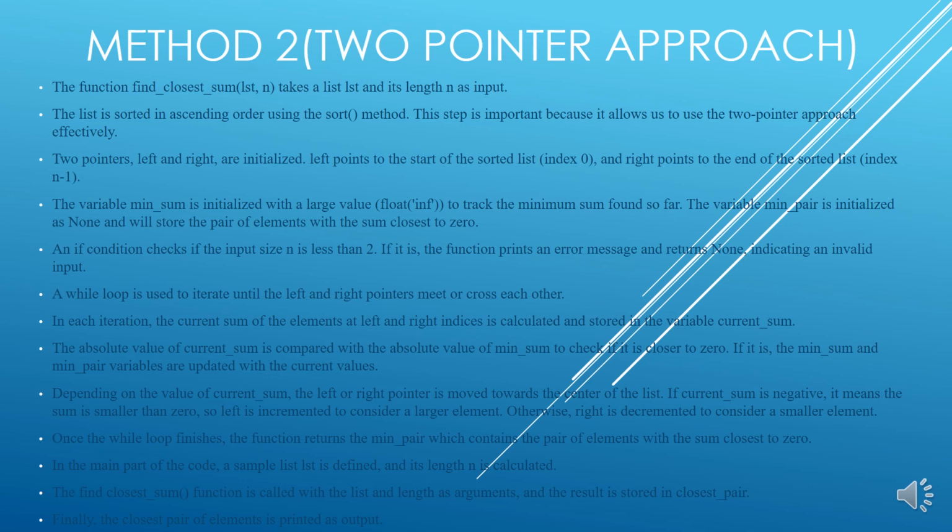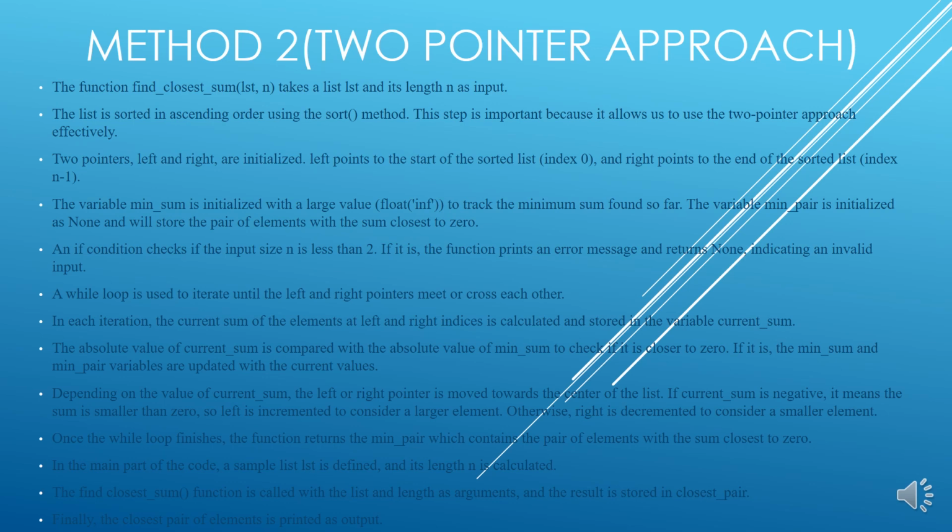Why? Because it allows us to use the pointer approach. We know the pointer concept: when we are pointing to the first element, by using the first element we are pointing to another element at another index. That's why we are using the sort function to sort the elements in order. After that we use two pointers, left and right, which are initialized.